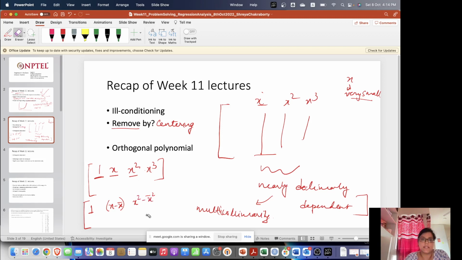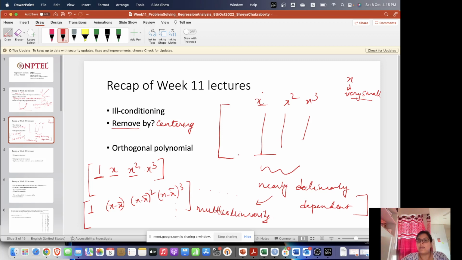Yes, x minus x bar square, and x minus x bar cube. And after centering, we would go for forward selection one by one, and then we would fit in practical scenarios. That is how we fit the model.